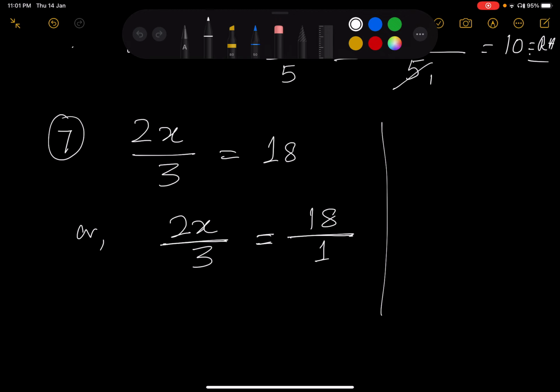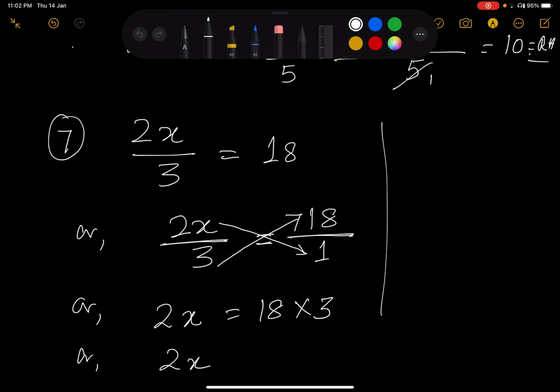So if we are doing so, we can write cross multiply 2x into 1 is equal to 3 into 18, or we can write 2x into 1 means 2x only, 18 into 3, or 2x is equal to 54.